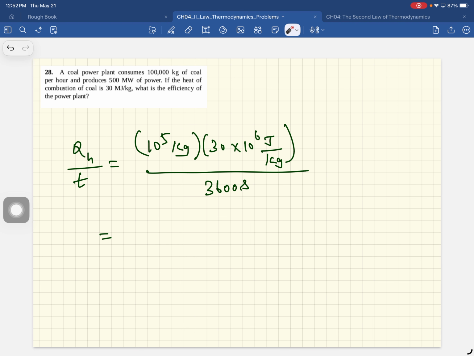Okay, so what is it? Part A asks you the quantity of heat it removes per cycle. Okay, so we are given this, so you can calculate QC from here.